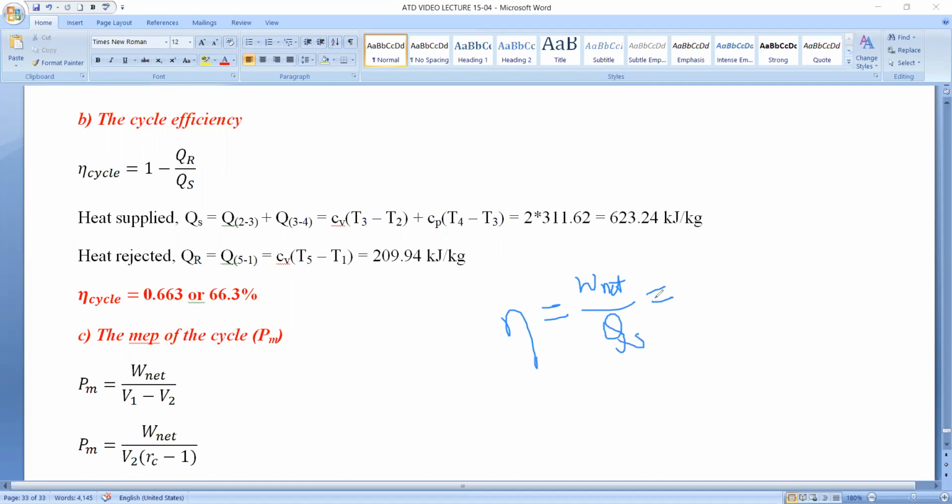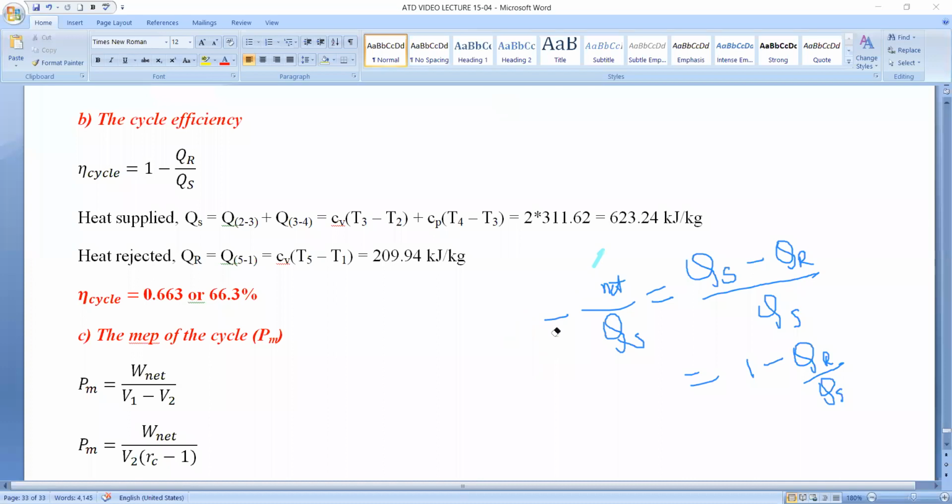The work obtained from the cycle is the difference between heat supplied minus heat rejected. Heat supplied minus heat rejected divided by heat supplied, or if we simplify further, I can write 1 minus heat rejected divided by heat supplied. So use this equation to calculate the thermal efficiency or the cycle efficiency of a dual cycle.